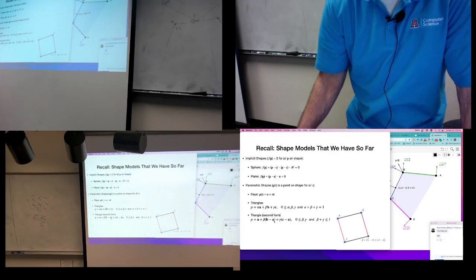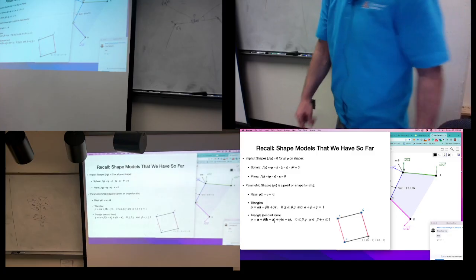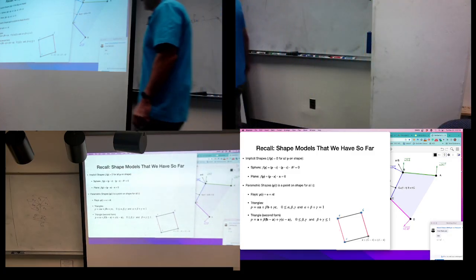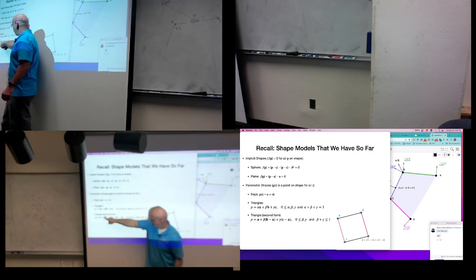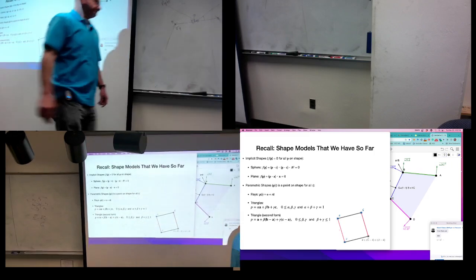Another way to write this triangle, I'm just arranging alpha, beta in a way that makes a bit more sense. I have this triangle, and every point of it will be as follows.